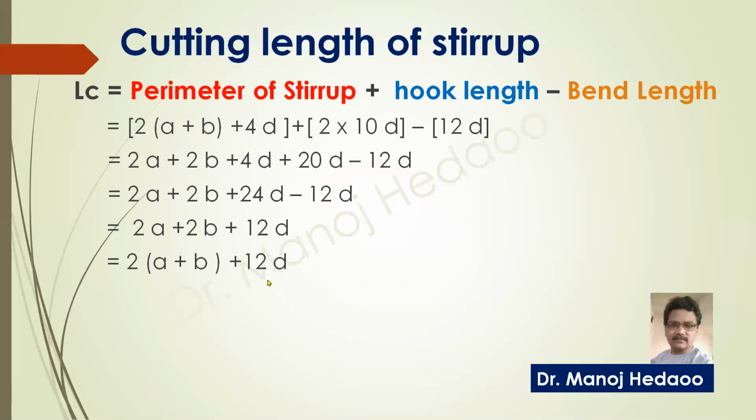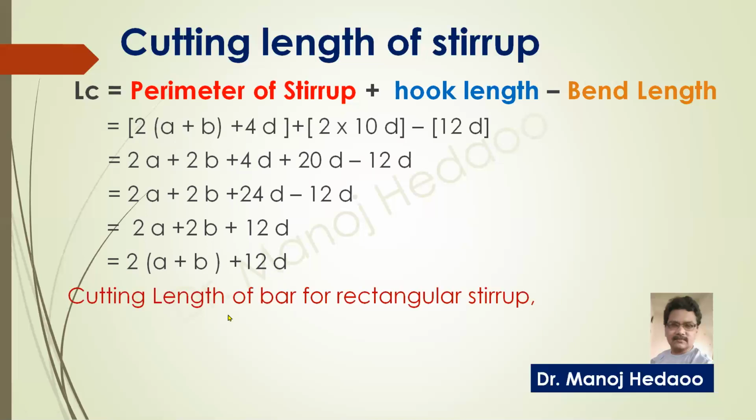Again I want to mention that in square stirrups this first term was 4A plus 12D. Only this is the difference, otherwise it is the same. So the cutting length of bar for a rectangular stirrup is given by LC equal to 2 into (A plus B) plus 12D. This you have to remember, and with this you can calculate the cutting length of a stirrup for square or rectangular.